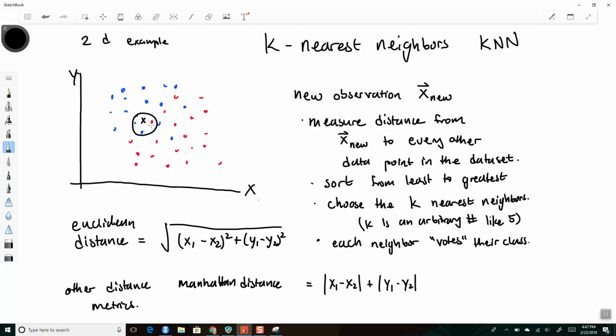You can reduce it down to the 3 nearest neighbors or the 1 nearest neighbor. Oftentimes, if you have a tie, you will say, between those 2, which one is closest to me? And that one will usually be the tiebreaker. But K-nearest neighbors is a very easy classification algorithm.